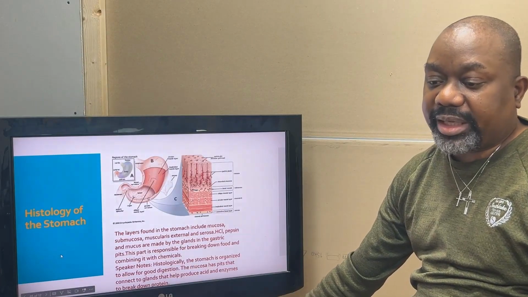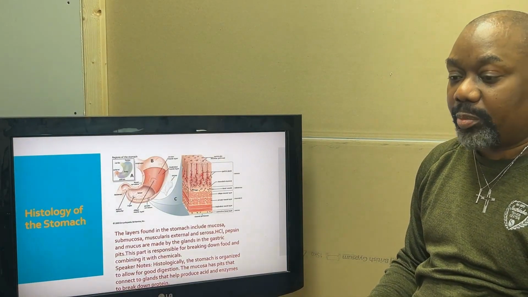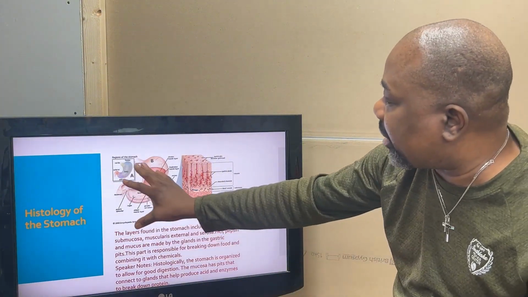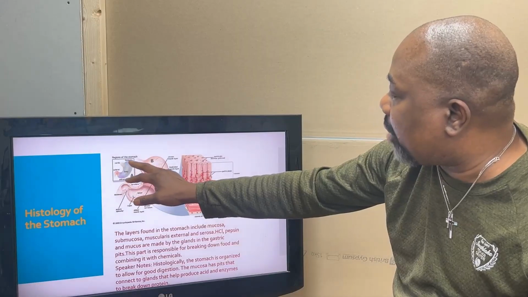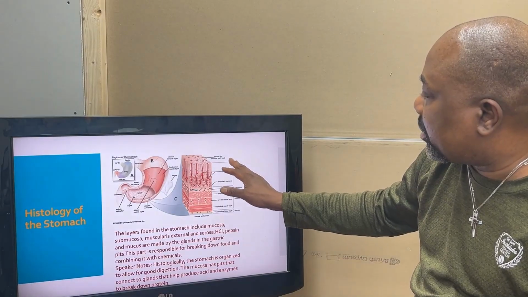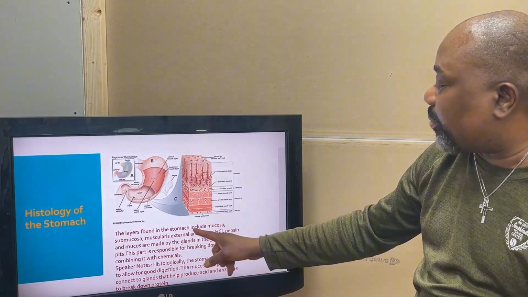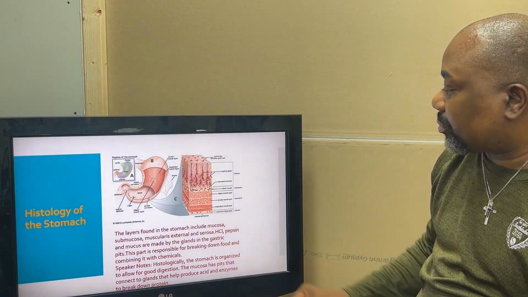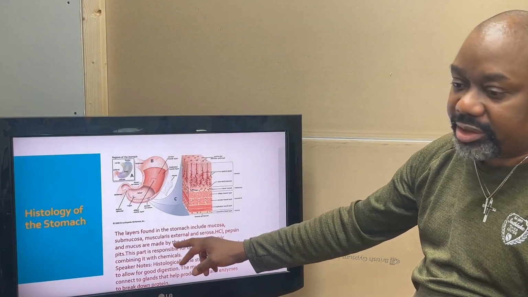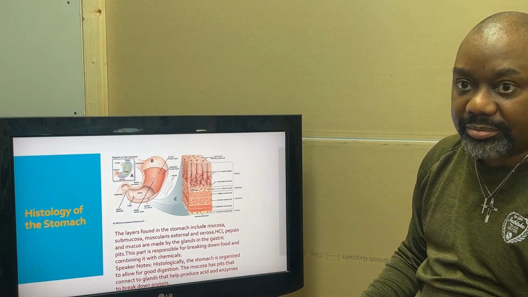The next paragraph is the histology of the stomach. In this area you can see the regions of the stomach, and you have gastric pits right here. The layers found in the stomach include mucosa, submucosa, muscularis externa, and serosa.